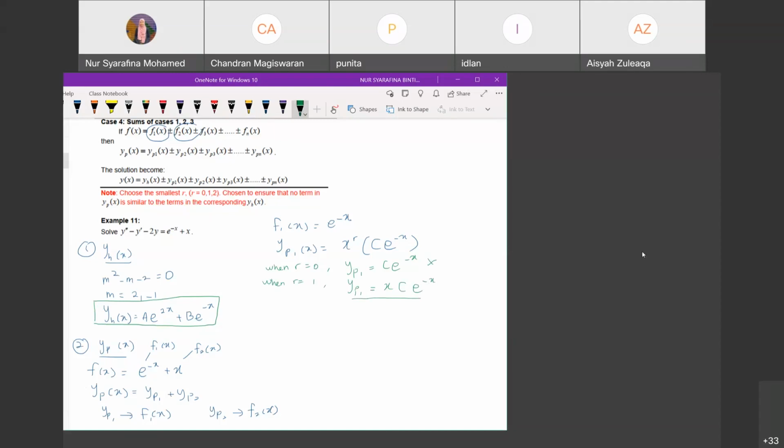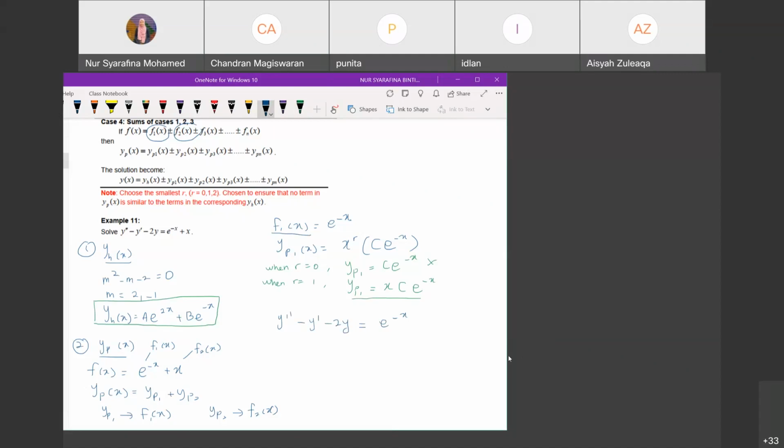Then proceed by checking the differential equation: y double prime minus y prime minus 2y equals f1 only, because we are considering f1 only.